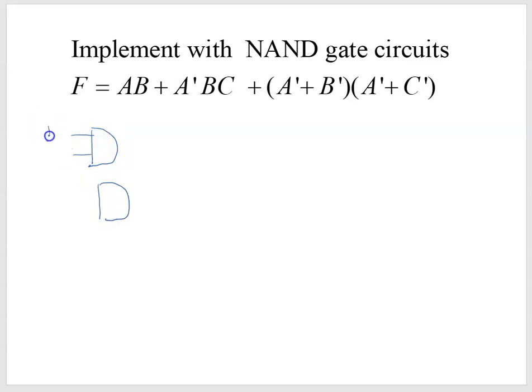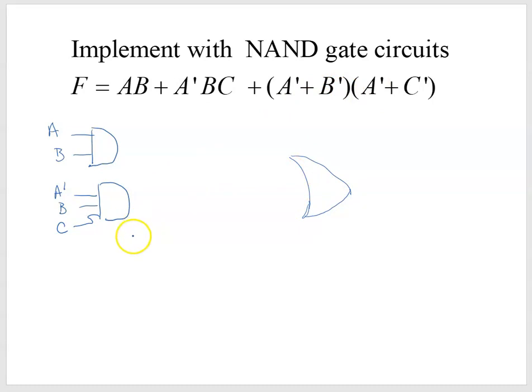So there's A, B, A prime, B, C. And now that's going to go into an OR gate. Well, we better draw that a little bit further because we have 2 OR gates and an AND gate. So I'll bring this OR gate out a little bit further. Whoa, there we go. There's my OR gate.